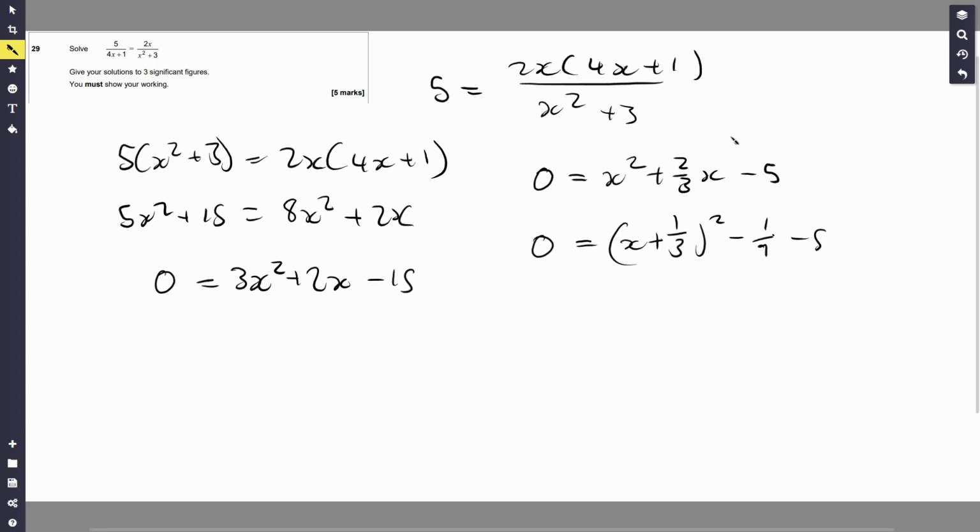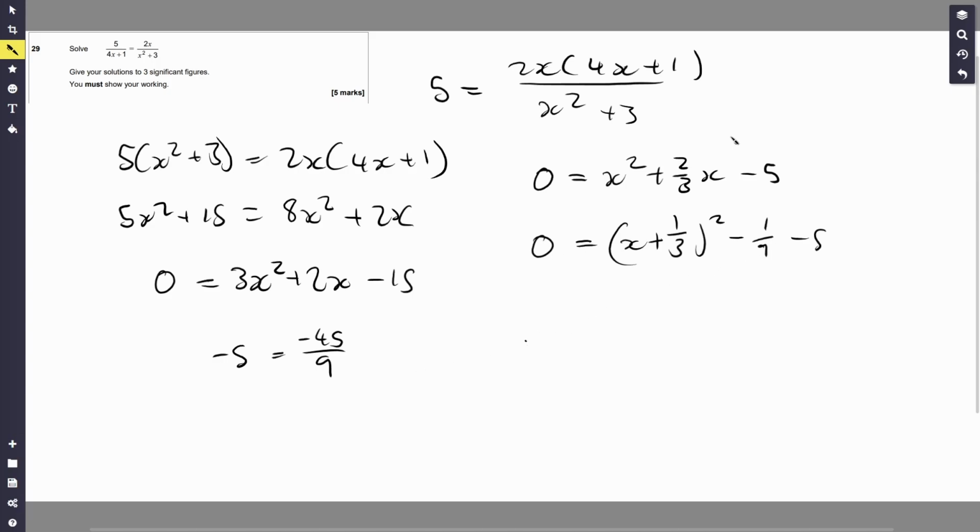And then I'm just going to bring all of this over to this side. And first, just to combine these numbers together, I'm going to say that minus 5 is the same as minus 45 ninths, because 45 divided by 9 is 5, and then it's a ninth, so I can combine these ninths together.